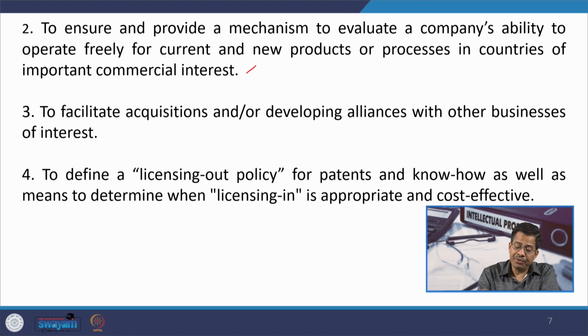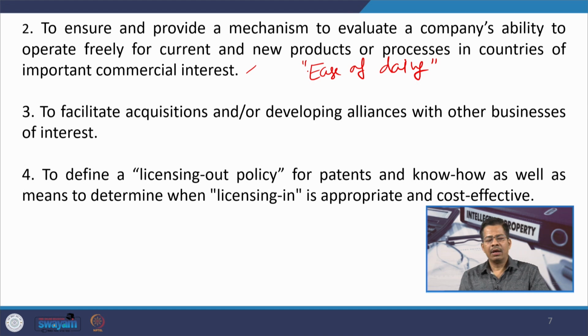What is the ease of doing business in different countries. So, with respect to that, if I want to have a priority position in that market, whether I will be able to do business there or not. Many companies, they want to come to India, want to have a priority position.